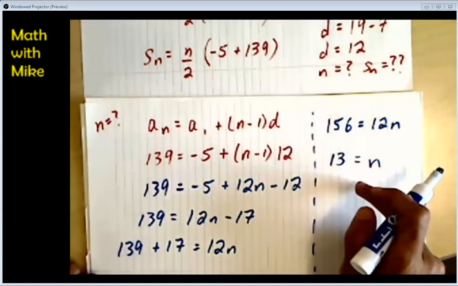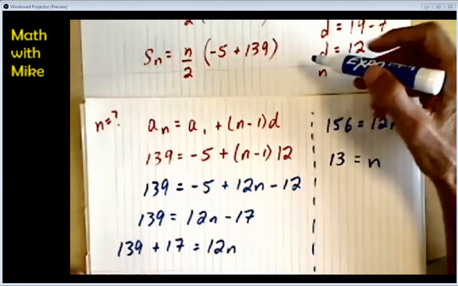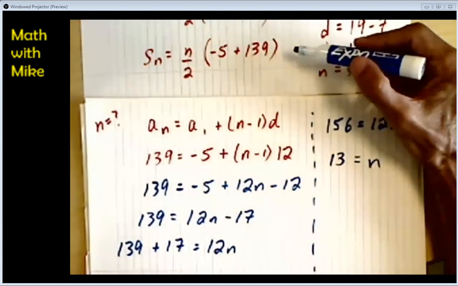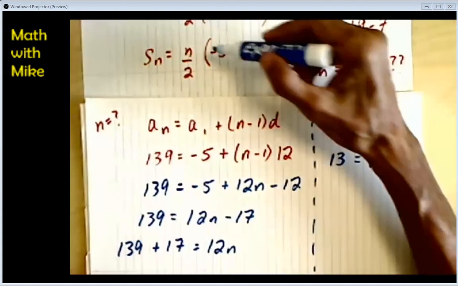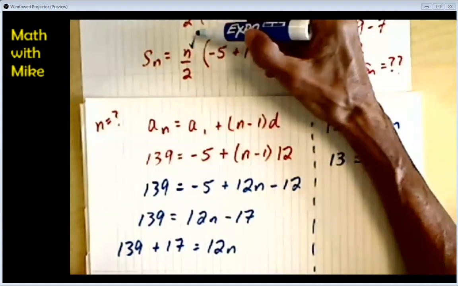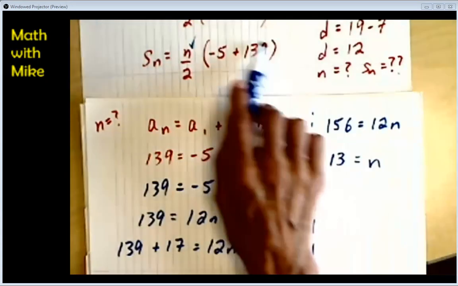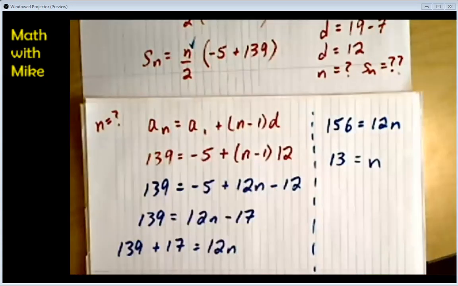So with n being 13, we can now go back to our sum equation here, our series equation, and put it in place. Nothing but numbers. We can work it out then.